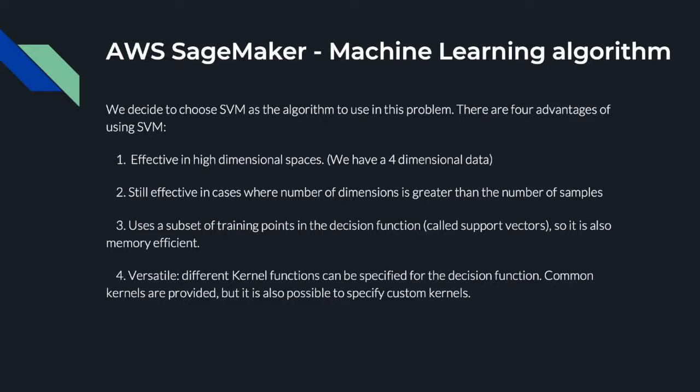And third advantage is it uses a subset of training points in the decision function, so it's also memory efficient. The fourth one is about being versatile. Different kernel functions can be specified for the decision function. Common kernels are provided, but it's also possible to specify custom kernels.